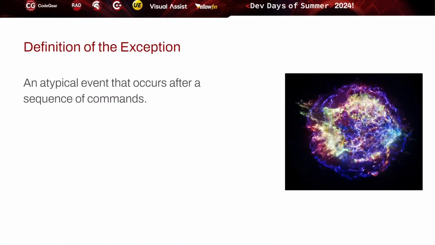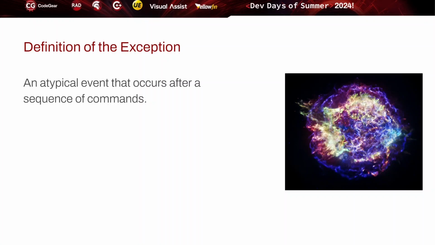So from the basics, what is the definition of an exception? An exception is an event that occurs after a sequence of commands, okay? An atypical event. When we write our code and send it to the processor to execute at runtime, some part of our code triggers an atypical event.